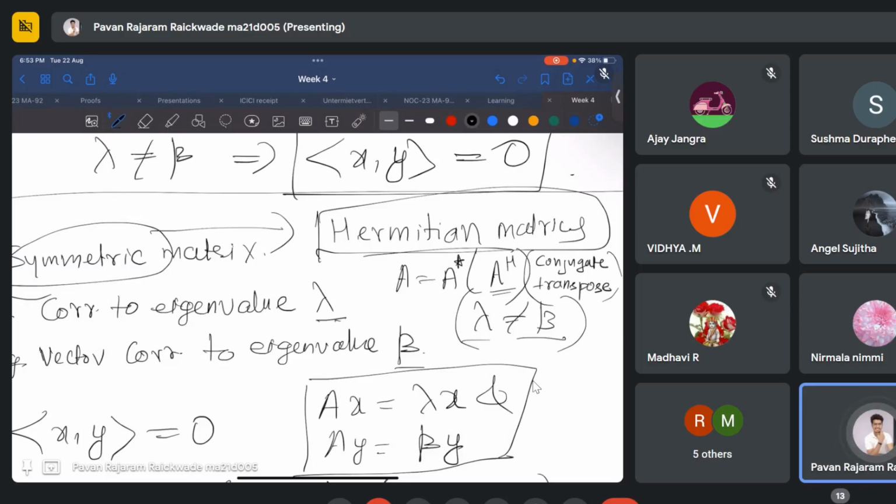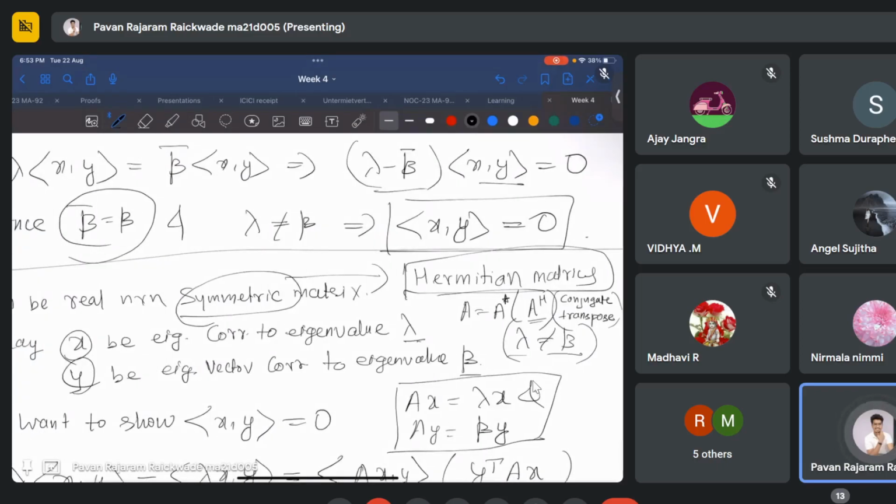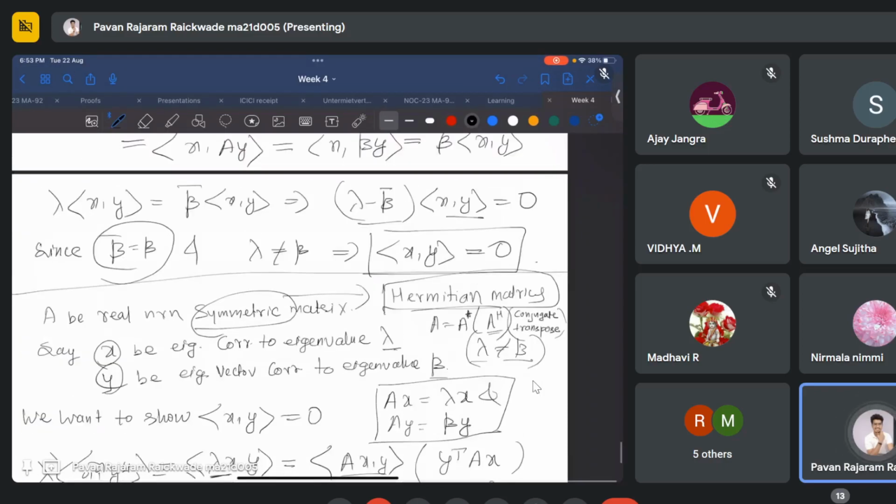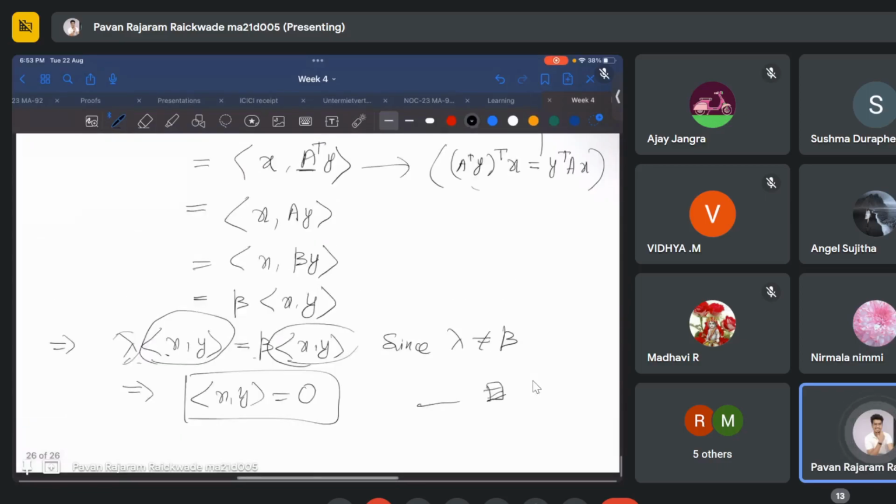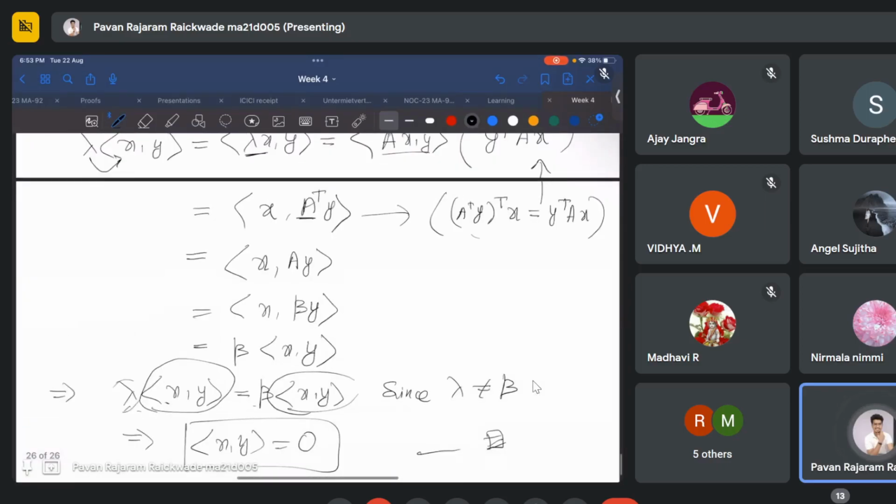So it boils down to symmetric matrices, but the result is actually for Hermitian matrices: all Hermitian matrices have real eigenvalues, and eigenvectors corresponding to distinct eigenvalues of Hermitian matrices are orthogonal. This is the main result, and exactly the same proof follows. In place of AH, you replace it with A transpose or Hermitian.